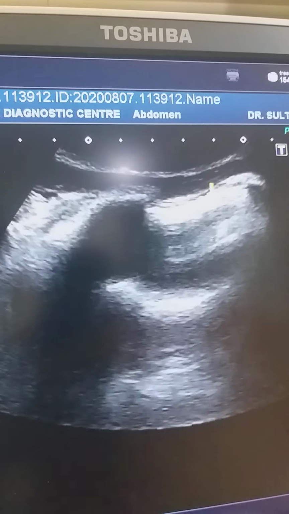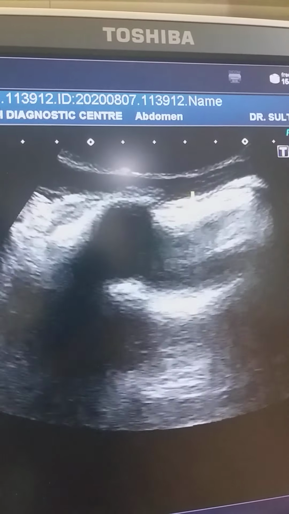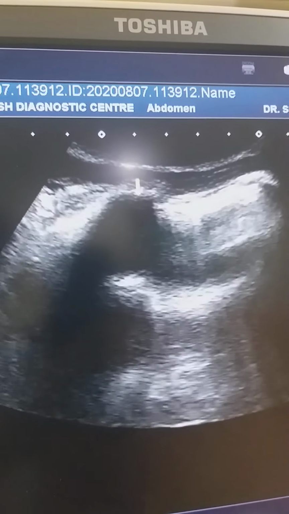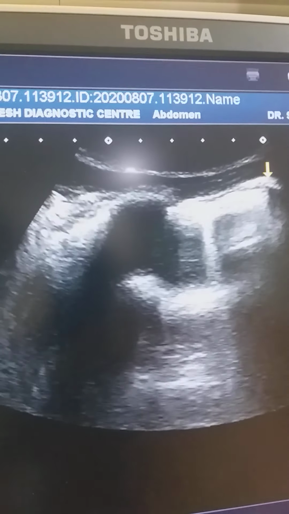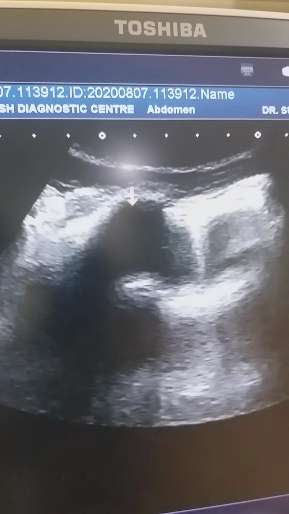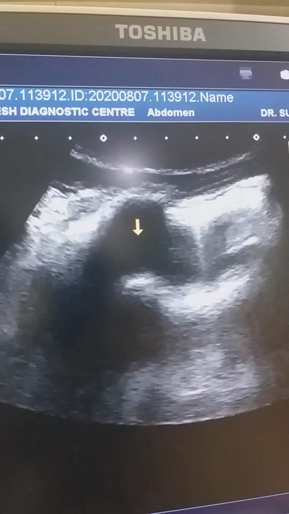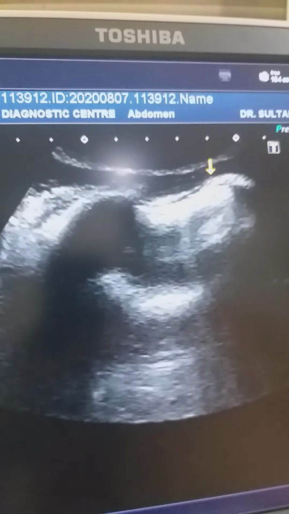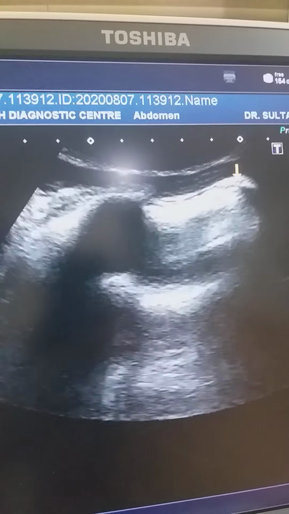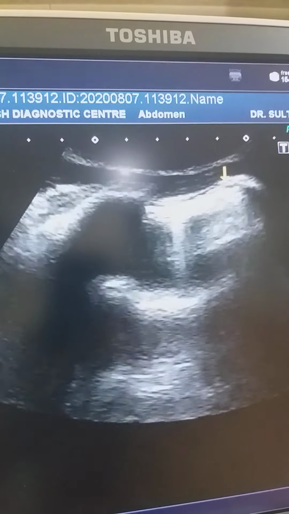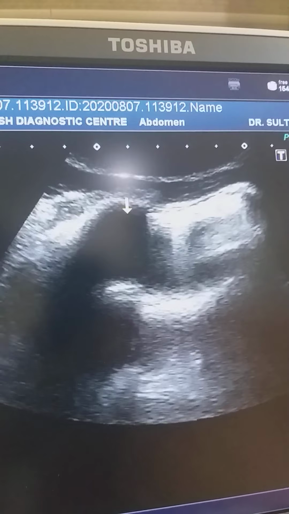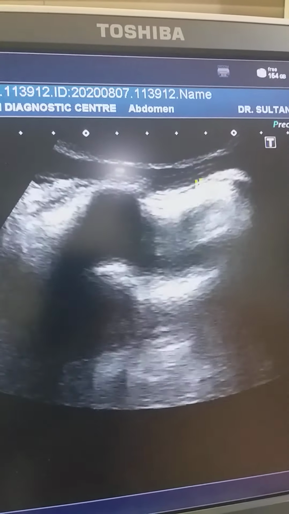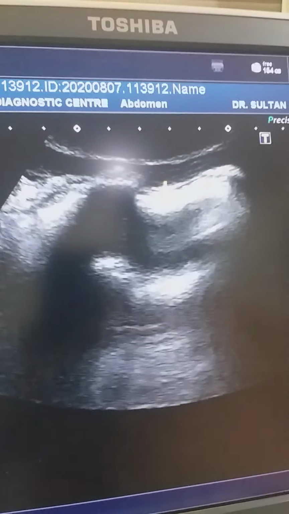One is this white line which is moving, and others are these white lines which have posterior shadowing. These white lines with posterior shadowing are the ribs, and in between the ribs, just deeper to it, is the white line.